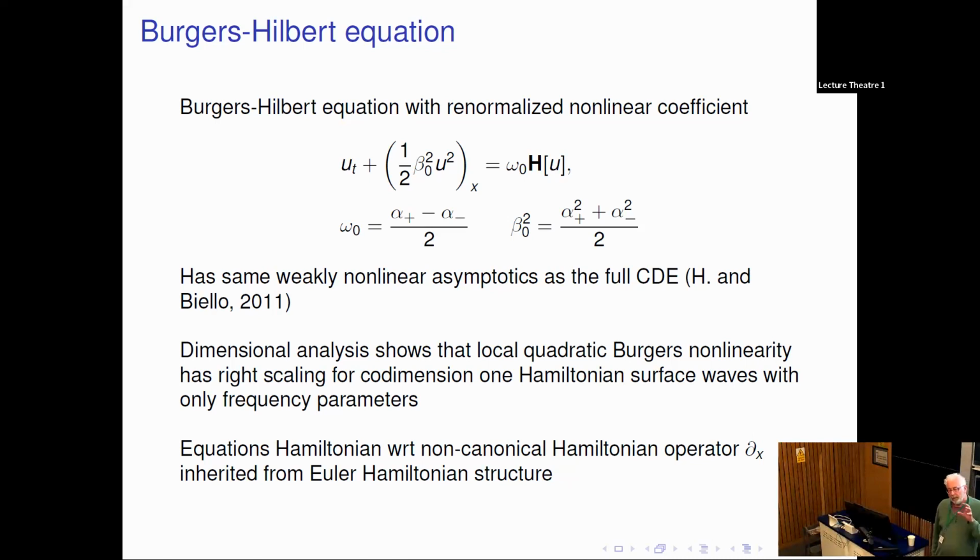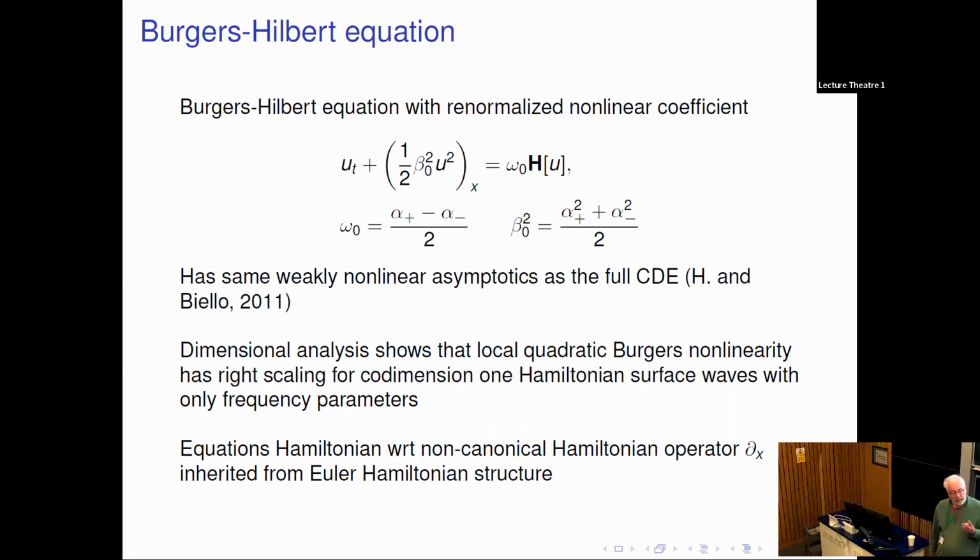And you can learn quite a lot just by looking at dimensional analysis in Hamiltonian problems. The key thing here is these are surface waves. They're codimension 1 surface waves, meaning that the wave number is 1 dimension less than the density that sets the mass scale. So in the plane, you have a density per unit area, and the waves are unidirectional.